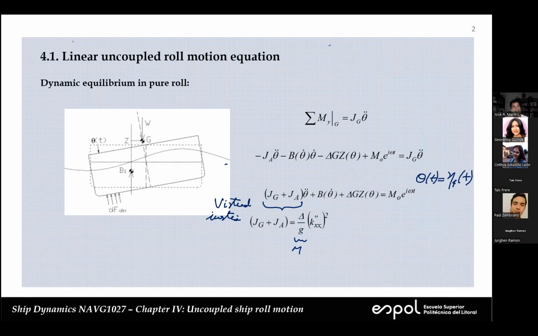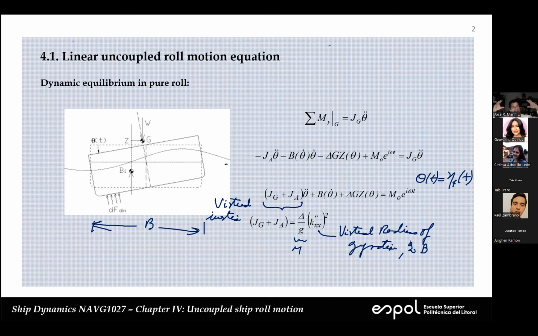And this is multiplied by the virtual radius of gyration. And usually we express it as a percentage of B. So we have B from here to here. This value changes because in some cases you have several decks, so that means that you have mass away from the center of gravity.